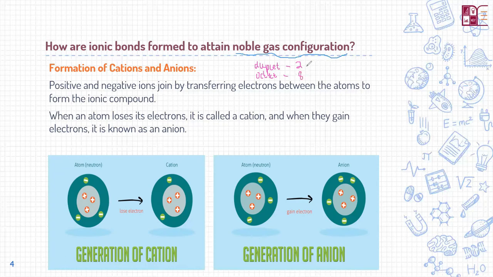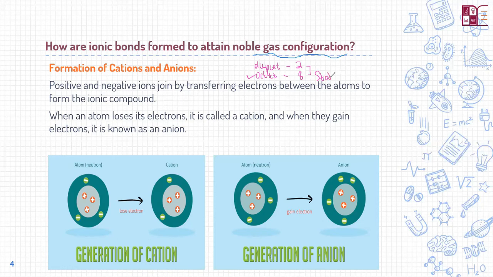So they need to have either of these two. Mostly each shell can have 8 electrons, so they need to have this octet configuration to attain the noble gas configuration so that they are stable.